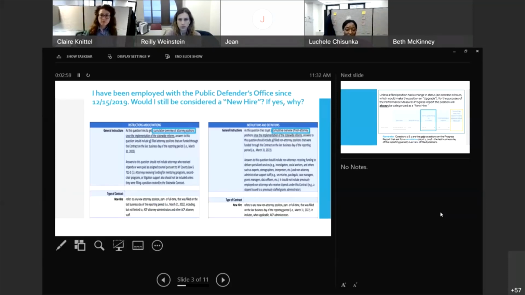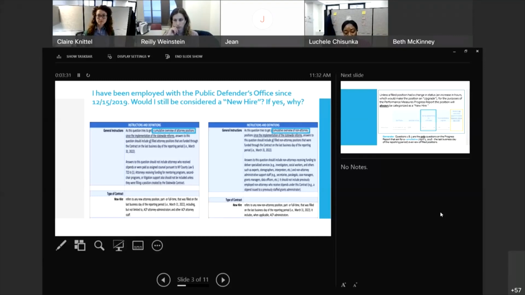The first thing that I would like everyone to know, and Claire briefly touched on this during her presentation, is that question number 1 and question number 3, which ask you to report on filled positions, are cumulative, which means that you're reporting filled attorney and non-attorney positions from when statewide implementation began on April 1st, 2018. And you're reporting on those positions through the last date of the reporting period.